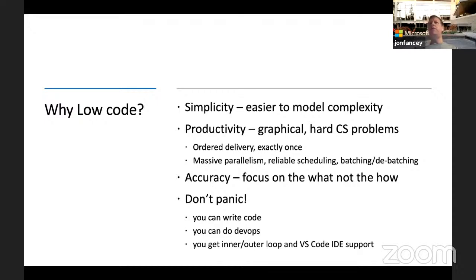And there's a few other interesting patterns which Logic Apps enables as well. Things like batching and debatching. Yet another interesting computer science pattern or problem, where, how do I have the ability to group things together and then process them as a set? So maybe you want to group all the orders together and process them on an hourly basis. So orders come in and you batch them up, and then you release that batch and let that go based on some criteria that you set, like every hour or every 1,000 orders or something else.